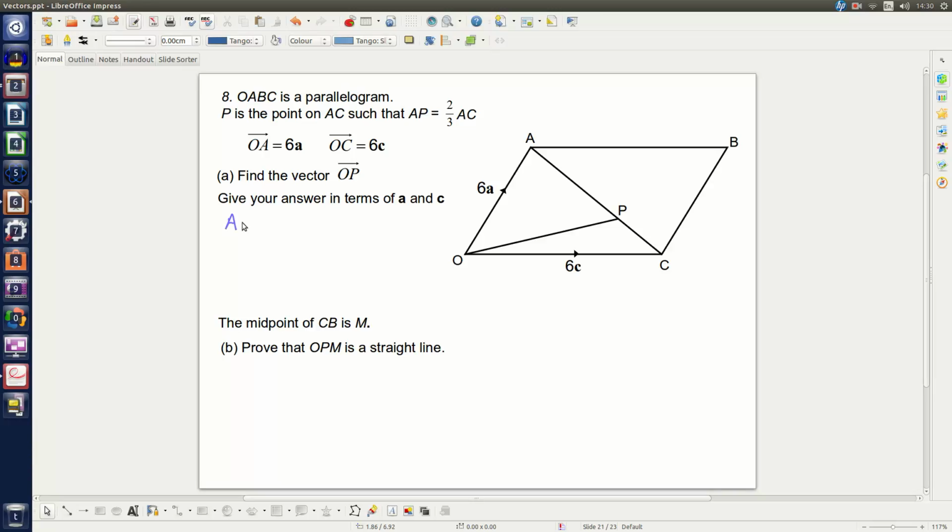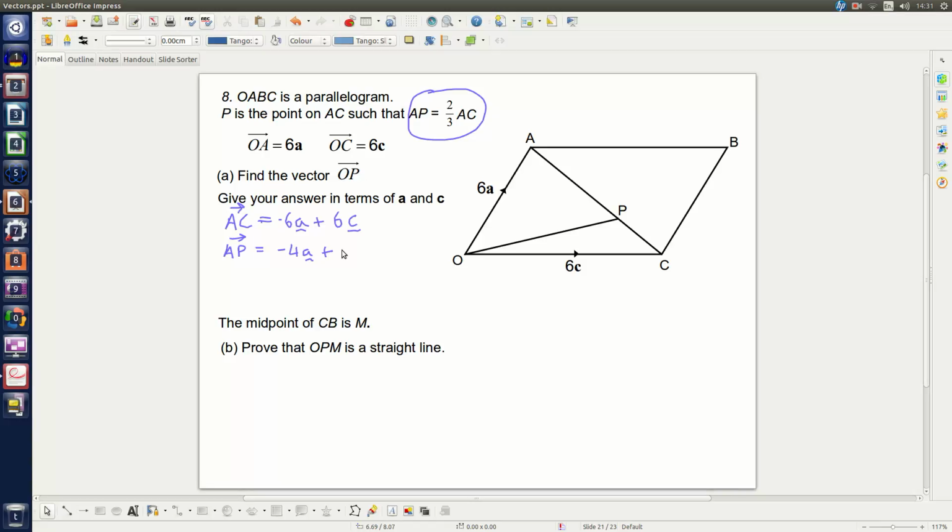Well, if I want to get from A to C, I need to do minus 6A, and then I need to add on 6C. Now for AP, as it says right up here, AP is 2/3 of AC, I can just do 2/3 of that, so AP is going to be equal to minus 4A plus 4C, because that's 2/3 of 6.